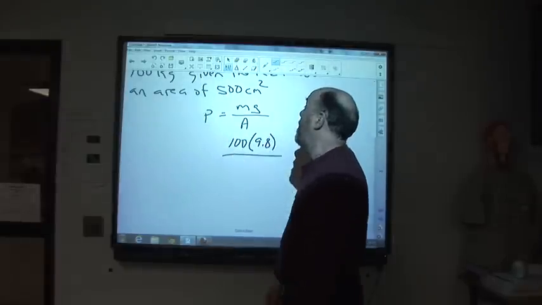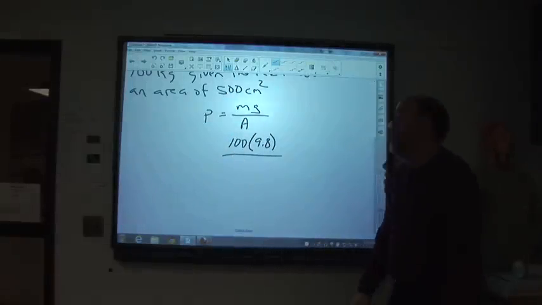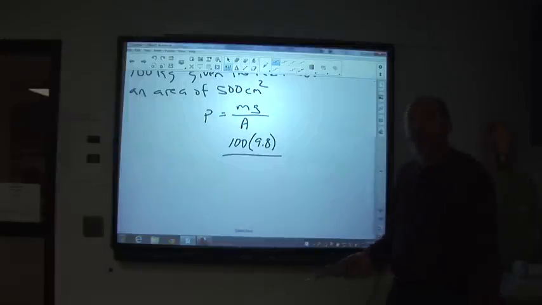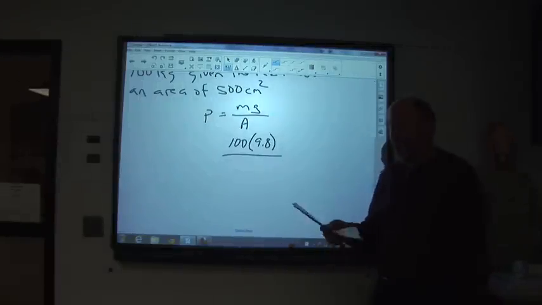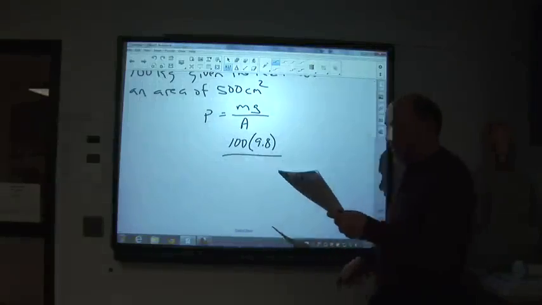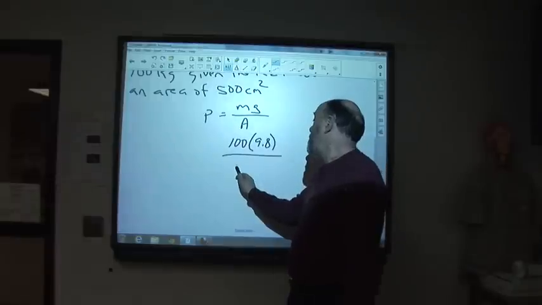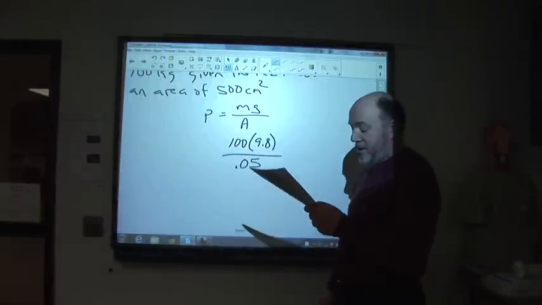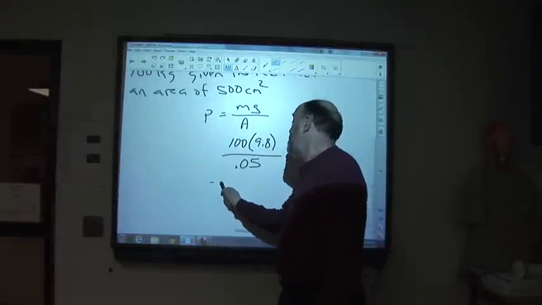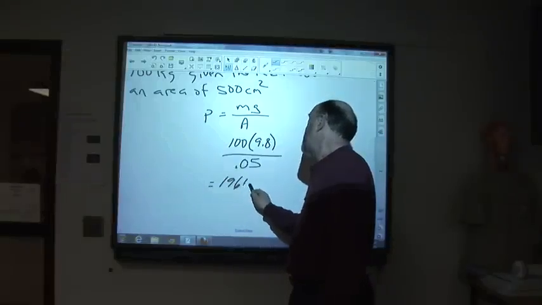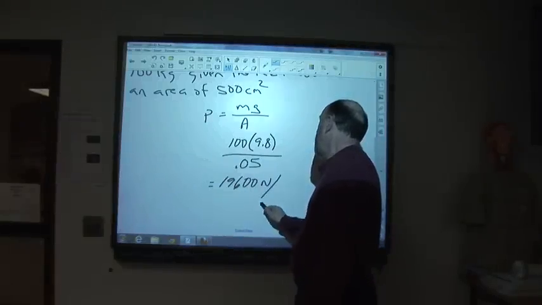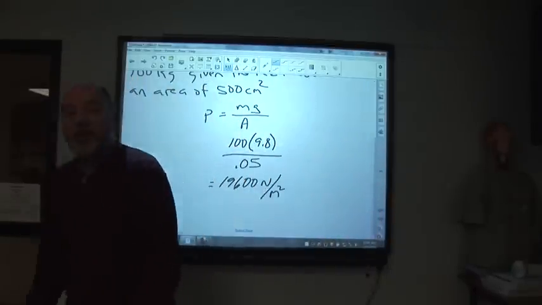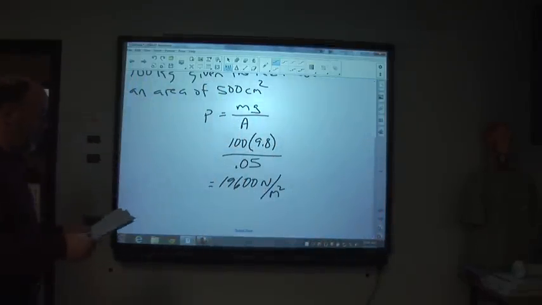But the area is 500 square centimeters, which needs to be converted into square meters. From the handout you have, there are conversion factors for converting. This becomes 0.05 square meters, and we end up with a pressure of 19,600 newtons per square meter. That's how much pressure is acting on the person's feet.